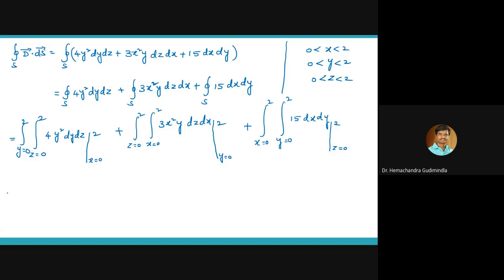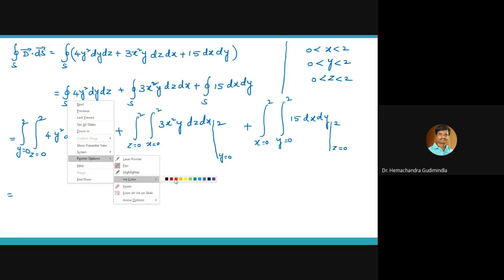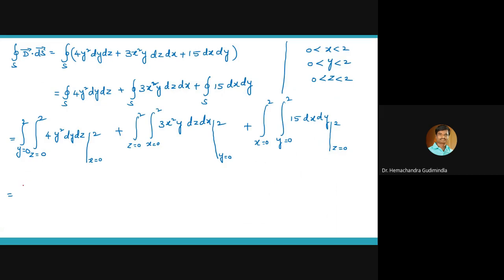Now what we need to do? In the first term, you need to write two terms. Each term you need to write two times. This is very important. The integral y from 0 to 2 and z from 0 to 2 of 4y square dy dz is evaluated as upper limit minus lower limit.